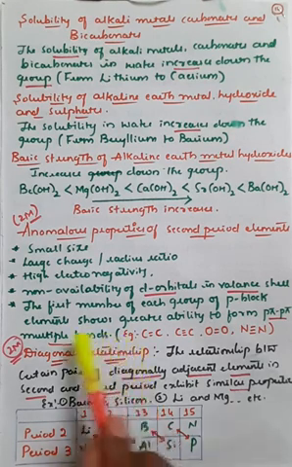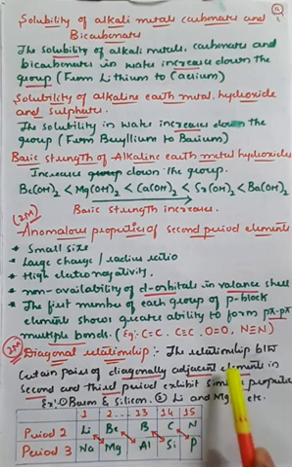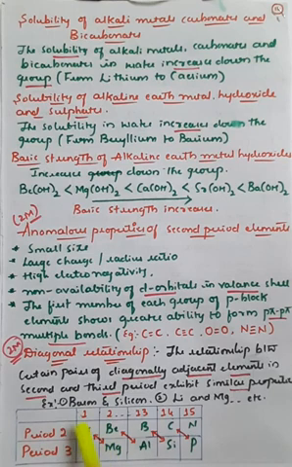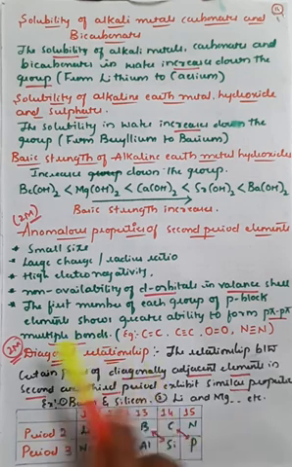Therefore, diagonal relationship is defined as the relationship between a certain pair, which means if you consider two elements, they must have similar properties, they must be present in the second as well as third period of the periodic table, and they must be diagonally adjacent to each other. Here you can observe the arrow mark. These two, lithium and magnesium, are in the diagonal position. Therefore, this relationship is called diagonal relationship.